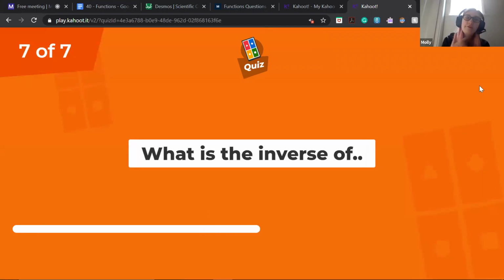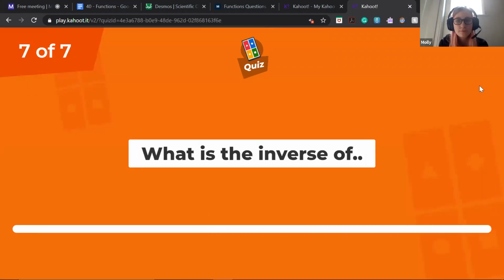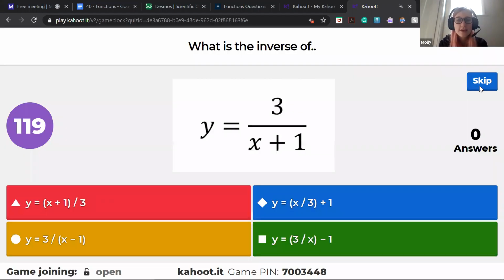Final one, finding the inverse of something. So what is the inverse of this function here? See if you can remember how to do that.